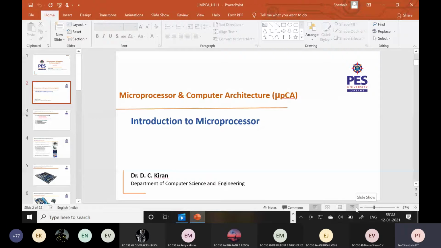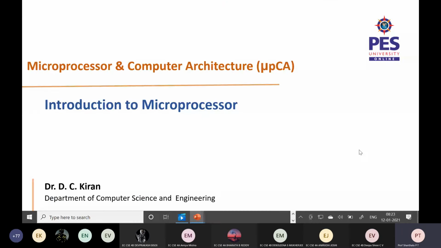So this will be the first slide, where we are discussing the introduction to microprocessor. The subject is microprocessor and computer architecture. We'll see how we can define computer architecture. The task a computer designer faces is a complex one, isn't it?